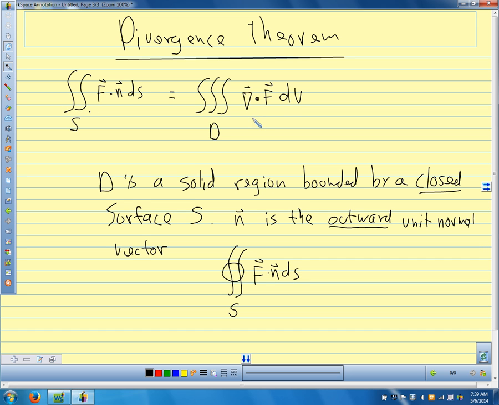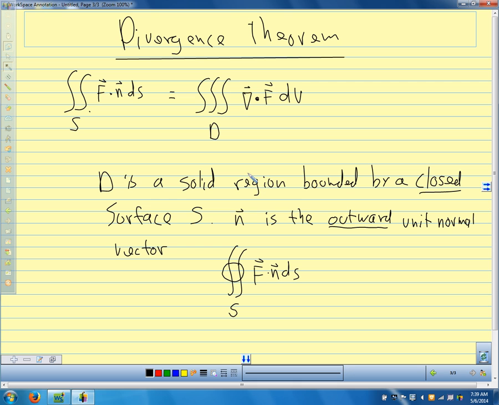The proof of the divergence theorem is not complicated, but it's kind of long, and it involves taking into account lots of different cases. So we're not going to do the proof. It's very similar to what we did in the plane with Green's theorem.